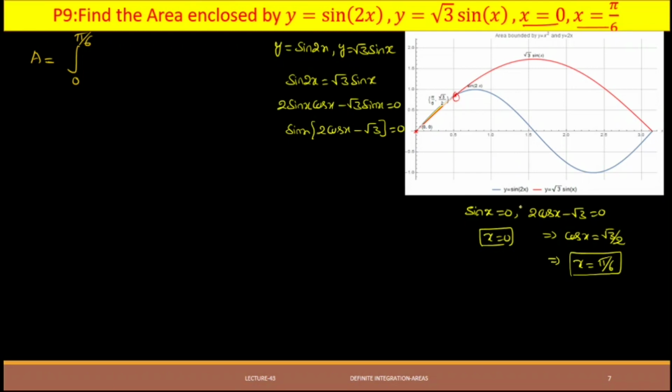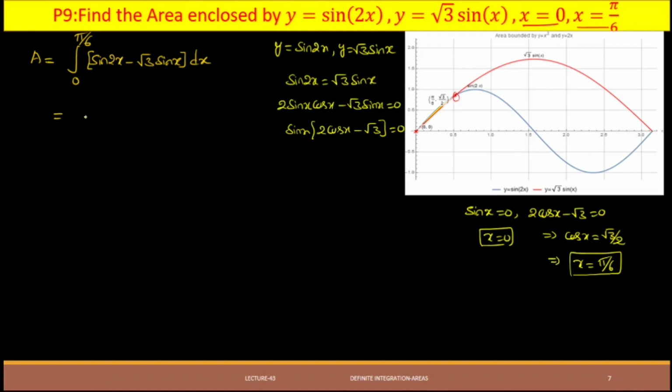The red color curve is the lower curve, and the blue color curve is the upper curve here. So the area is the integral of sine 2x minus root 3 into sin x into dx.